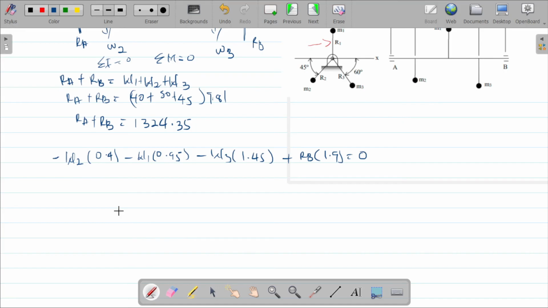So we have minus 45 times 9.81 times 0.4 minus 40 times 9.81.